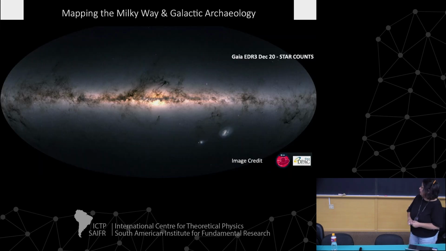So this is the Gaia image. It's not an image, it's the number count of stars. This is what you see there. Where it is white, there are a lot of stars. Where it is black, there is a lot of dust, so you don't see the stars. This is the Early Data Release 3 from Gaia, which was in December 2020.